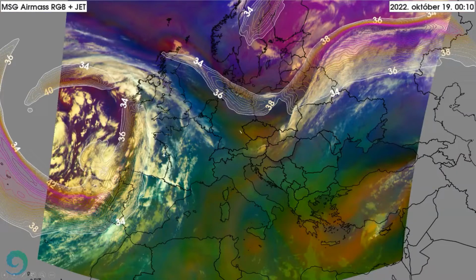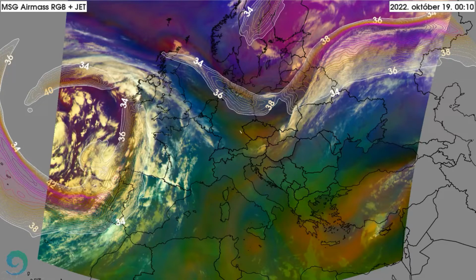This system is heading to the east, and it brings some thunderstorms here, to the west part of Spain. Later, it will move to the east part of the country and the west part of France. I think it's a very nice and complex structure.